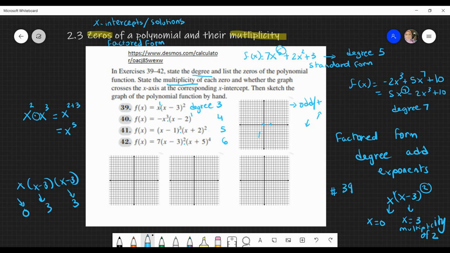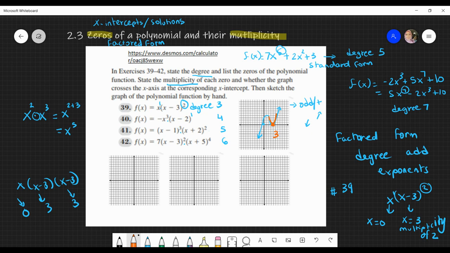So it's going to start down, and it's going to end up. What this 2 means is that at 3, it's going to act like a parabola. So when it goes through the 0, it's going to land on 3 and bounce on 3. So an even multiplicity makes it look like a parabola at 3. An odd multiplicity makes it go through that x-intercept.